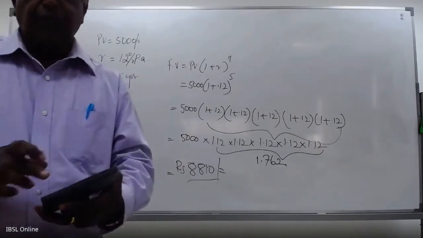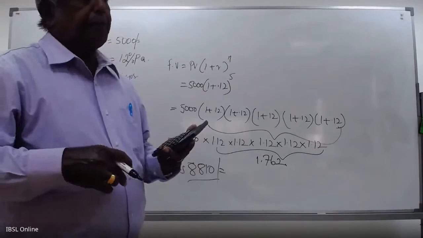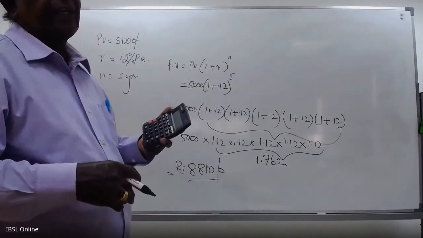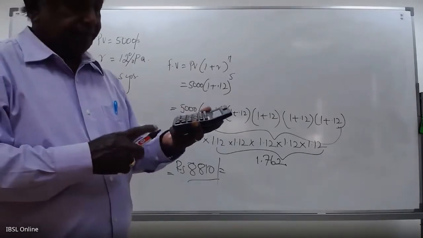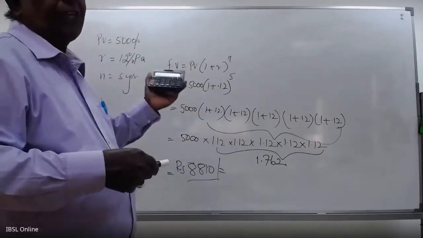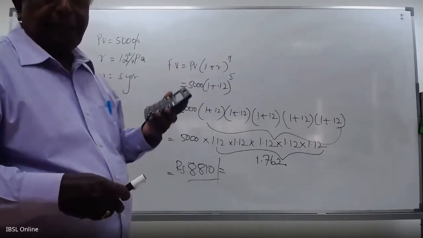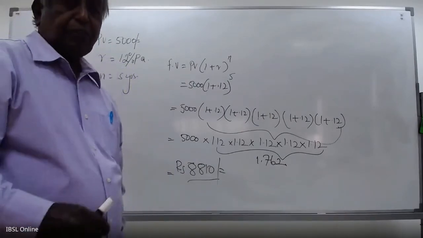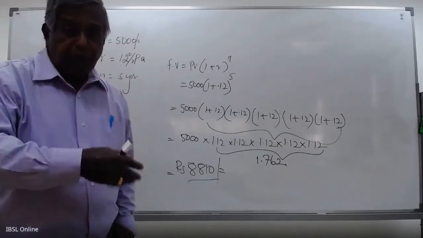So by depositing 5,000 rupees in an automatic renewal fixed deposit at an interest rate of 12%, at the end of the 5th year we will get 8,810 from the bank. So this is the future value for the present value of 5,000 at the interest rate of 12% for a period of 5 years. This is converting the present value to the future value, the compounding technique.